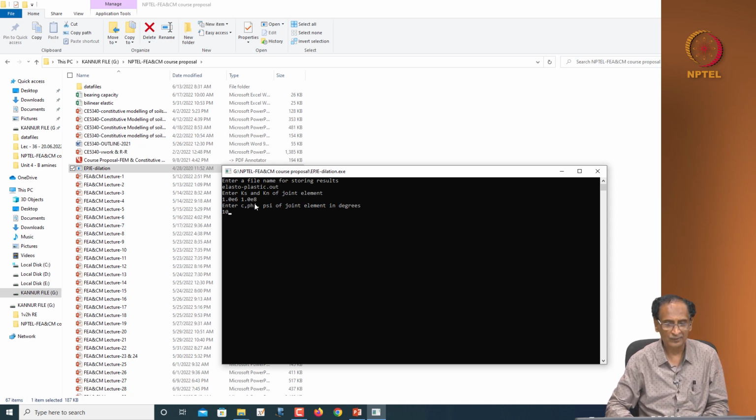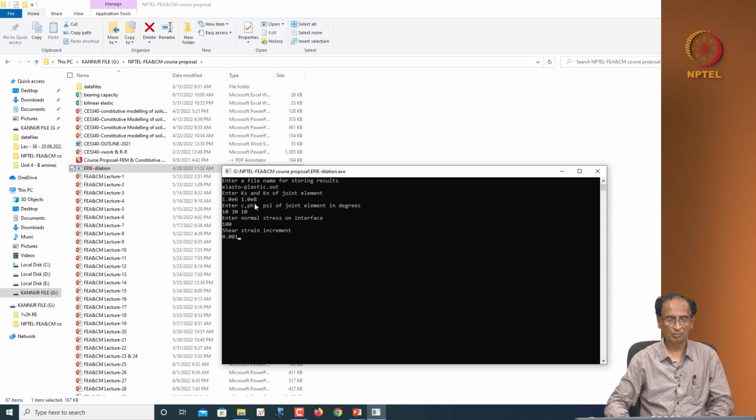Let us say C of 10 and a friction angle of 30 degrees and a dilation angle of 10 degrees, and normal stress, let us say 100. Then the shear strain increment, let us say we apply in increments of 0.001, and the maximum strain, let us say 0.06.